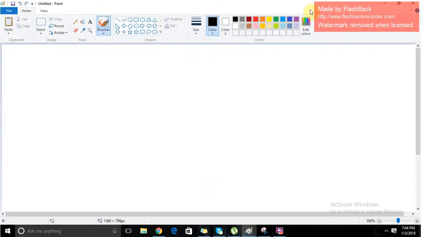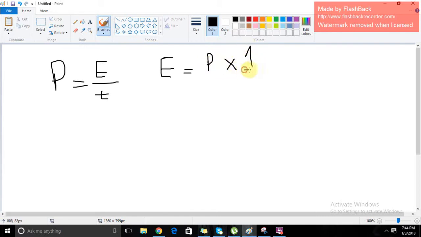So power is what? Power is energy over time. And energy is power into t, and because we're taking it for 1 second, we can just have P into 1. And so energy can be taken as 4 into 10 raised to power 26 joules energy is lost per second, right?